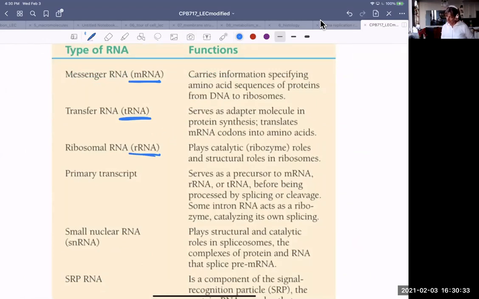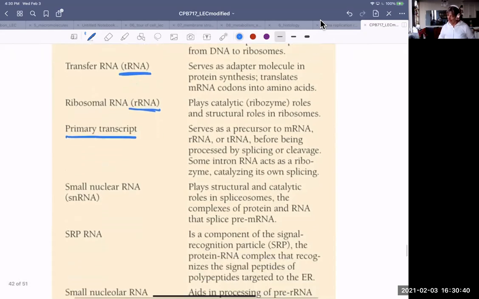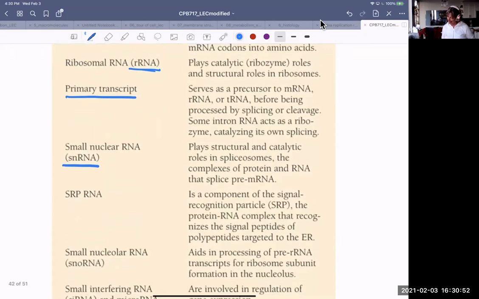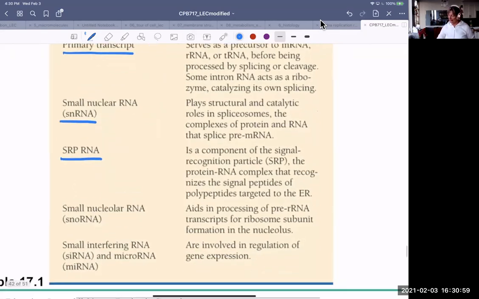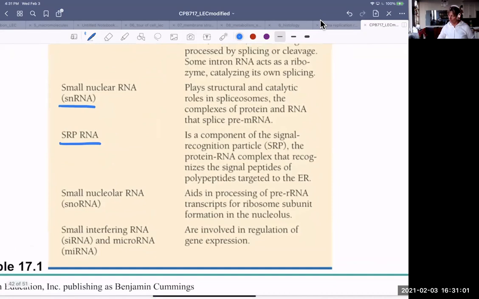There's this little precursor, a primary transcript, that helps with the splicing process. There's small nuclear RNA, it plays a structural role in the spliceosomes. There's another one, the signal recognition particle. These are all RNA particles. So RNA is quite instrumental in this whole process.